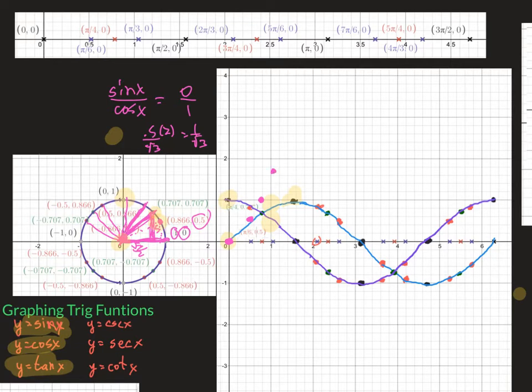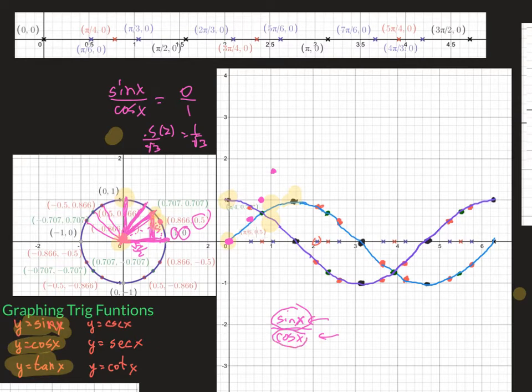And as you get closer and closer to pi by 2, you'll see that the height increases. But what happens when you get the lower part, so the cos of x is approaching 0? What happens when something approaches 0 and the top does not approach 0? Well, sine is going to be positive, because it's above the x-axis.